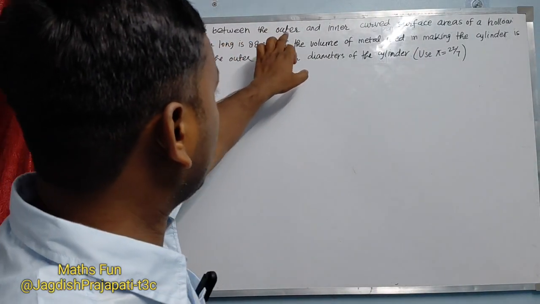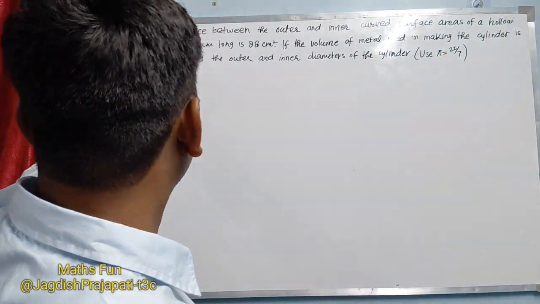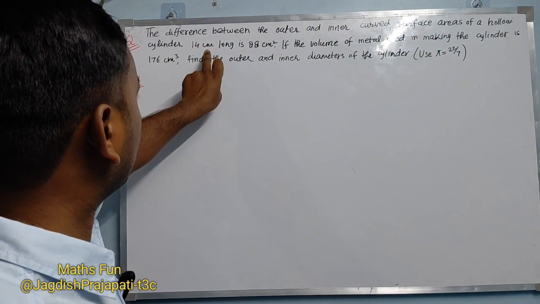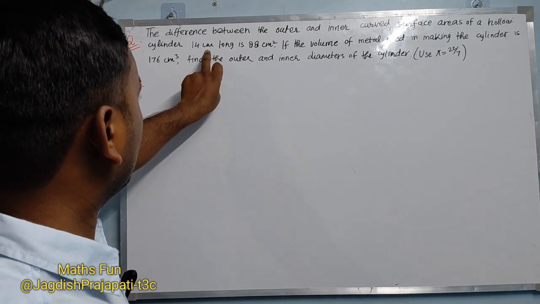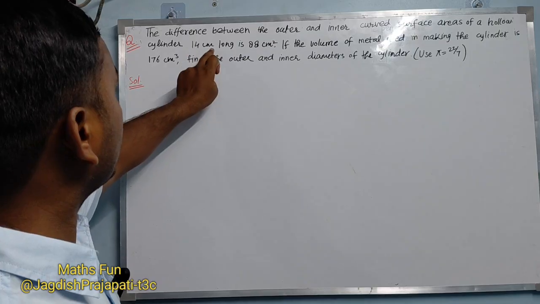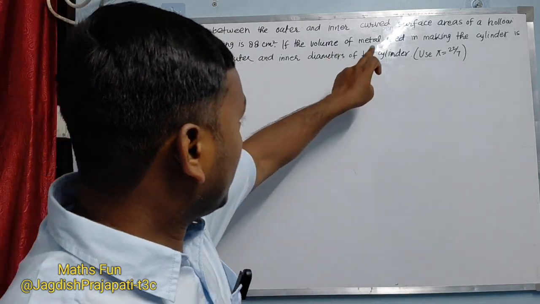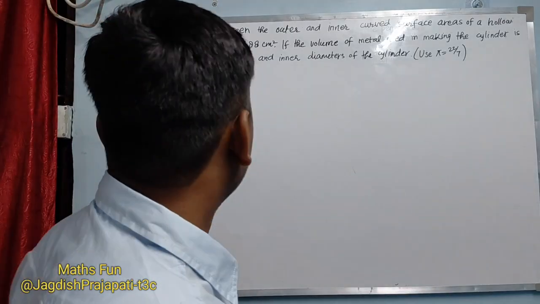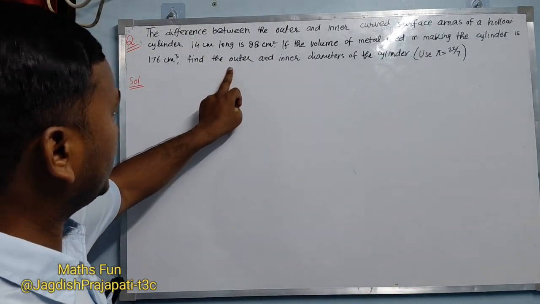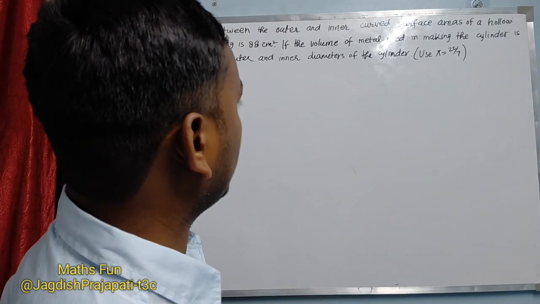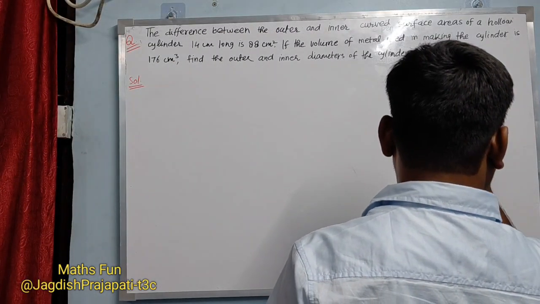The difference between the outer and inner curved surface areas of a hollow cylinder 14 centimeter long is 88 square centimeter. If the volume of metal used in making the cylinder is 176 cubic centimeter, find the outer and inner diameters of the cylinder.